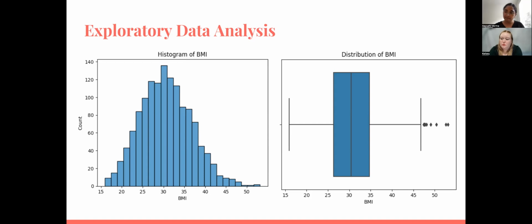BMI is supposed to correlate to your percent body fat, although it does not do that very well. So basically, the NIH and other health official groups are trying to change that. Just a little tidbit.